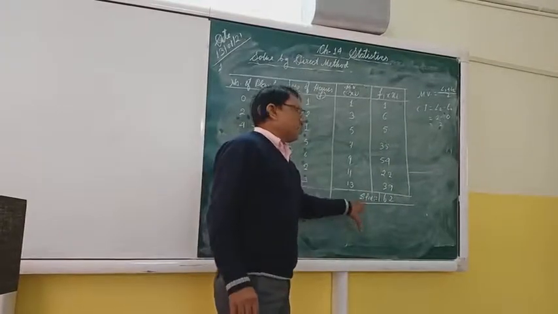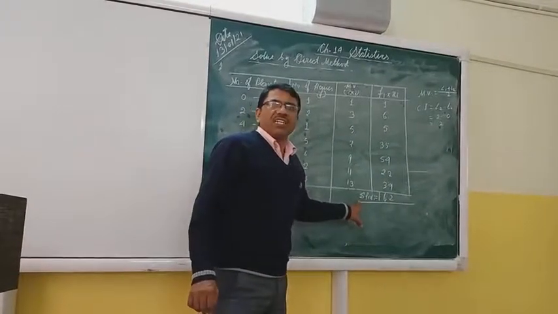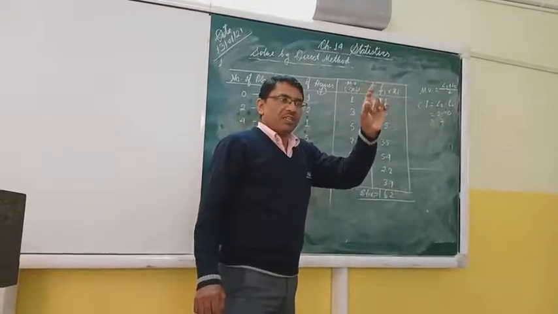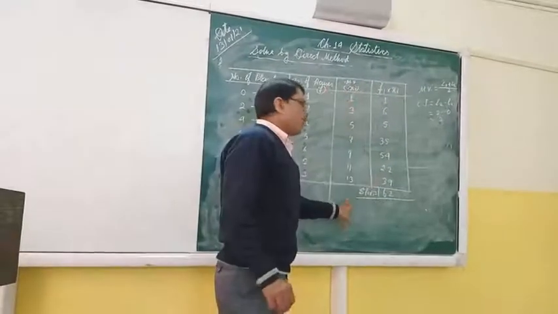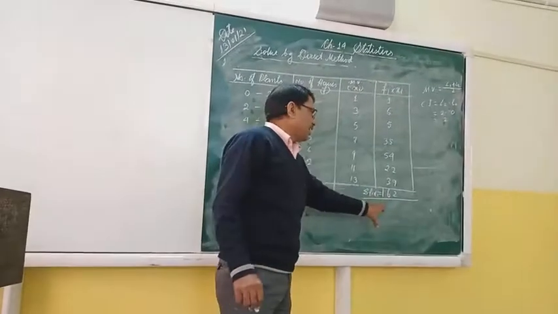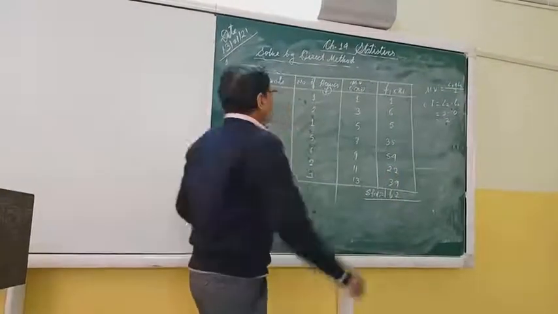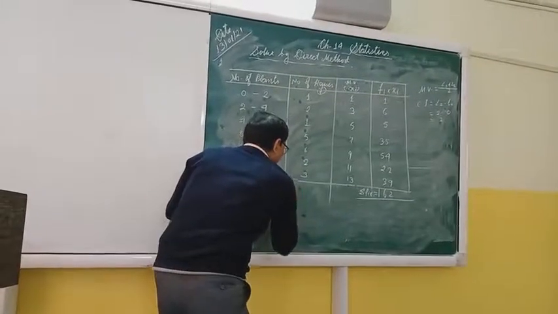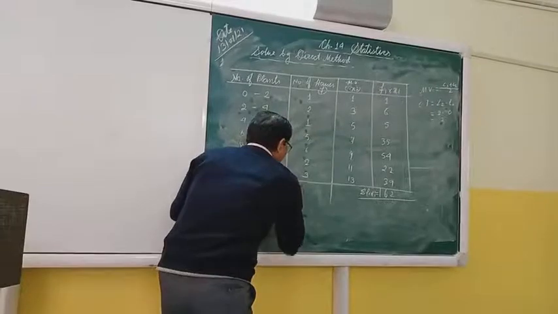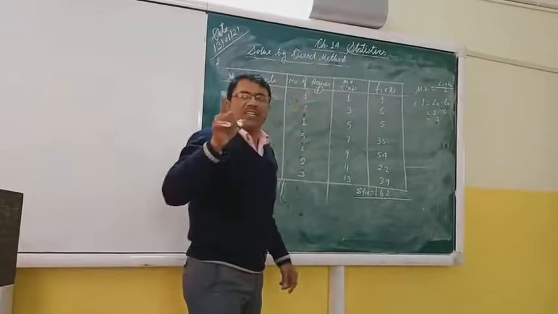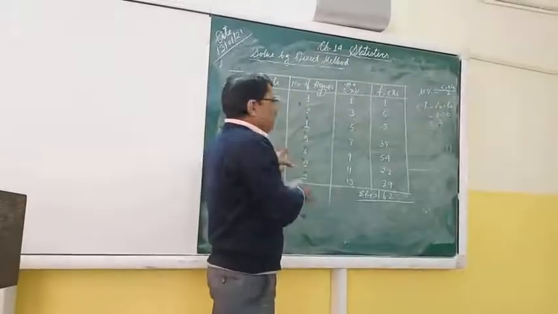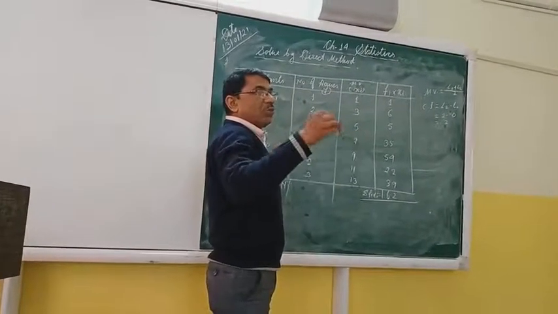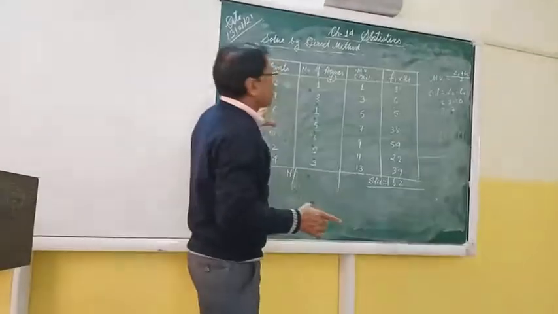This symbol is summation. Some books write sigma. Summation means total. Summation of fi xi is coming 162. Now we shall find the summation of frequency, that is called N. N is the net value of frequency. You can write capital N, don't write small n. Small n expresses the number of items and is used only in case of individual series. But here this series is a continuous series.